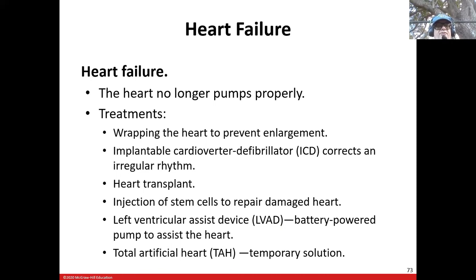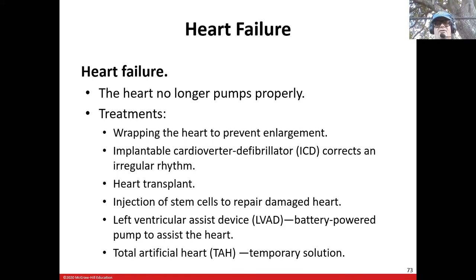Heart failure. If the heart doesn't pump properly, you're in a world of hurt. You're probably going to die if they can't fix it. So one of the things that hypertension causes, because the heart's working so hard, is an enlarged heart, and that's all kinds of problems. So they can wrap it to stop that from happening. They could put a miniature defibrillator inside the heart.